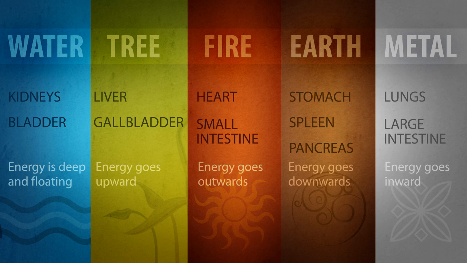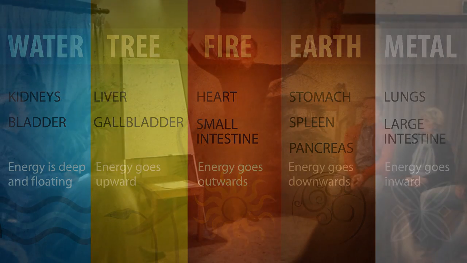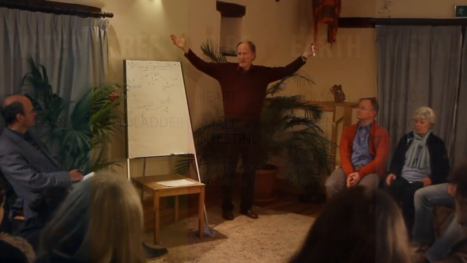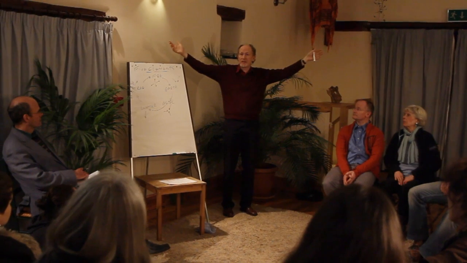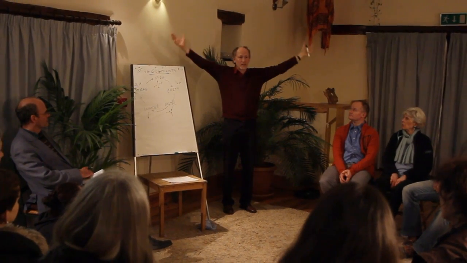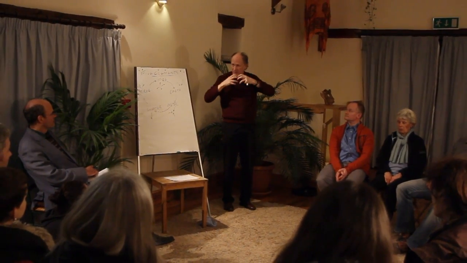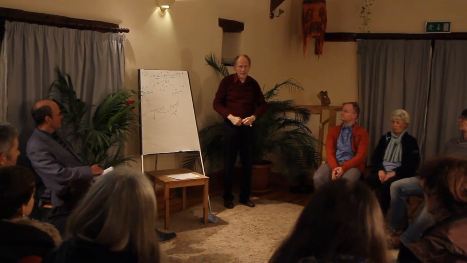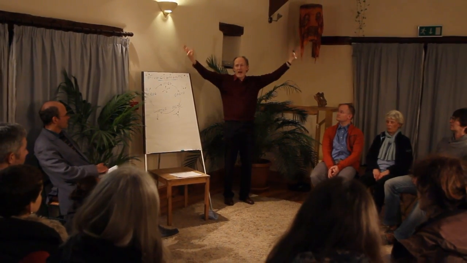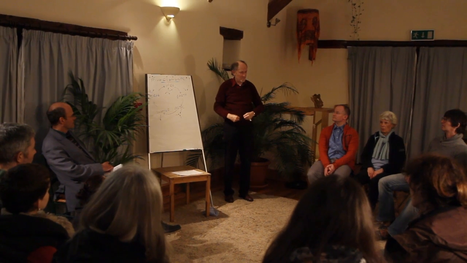The lungs are bringing the qi in the air, because when we breathe, we're not only breathing oxygen and carbon dioxide, we're also taking in qi. And the lungs are bringing that qi into the body, into the lungs, and then down into the body, making air into solid matter.